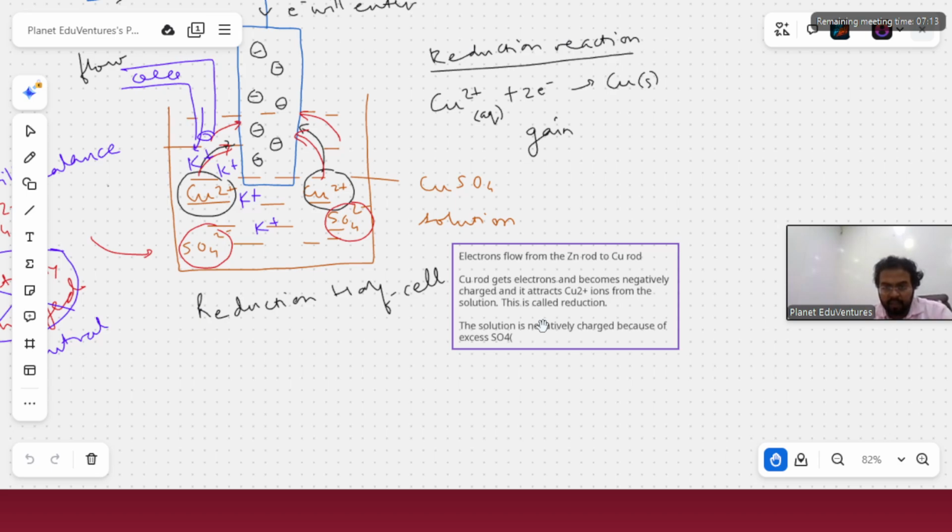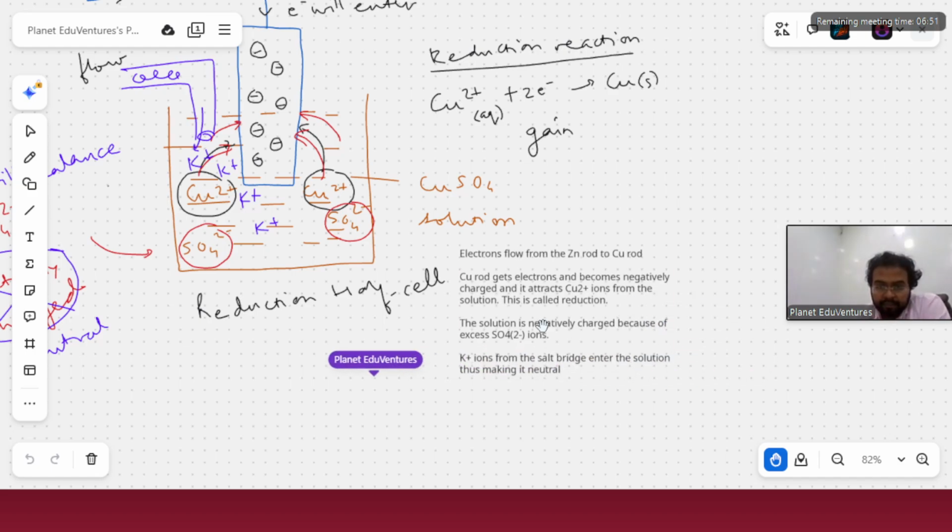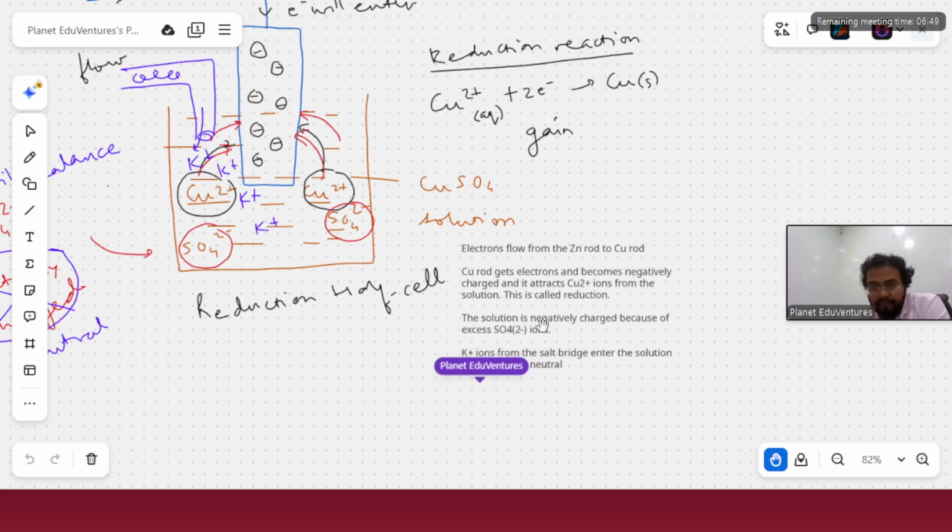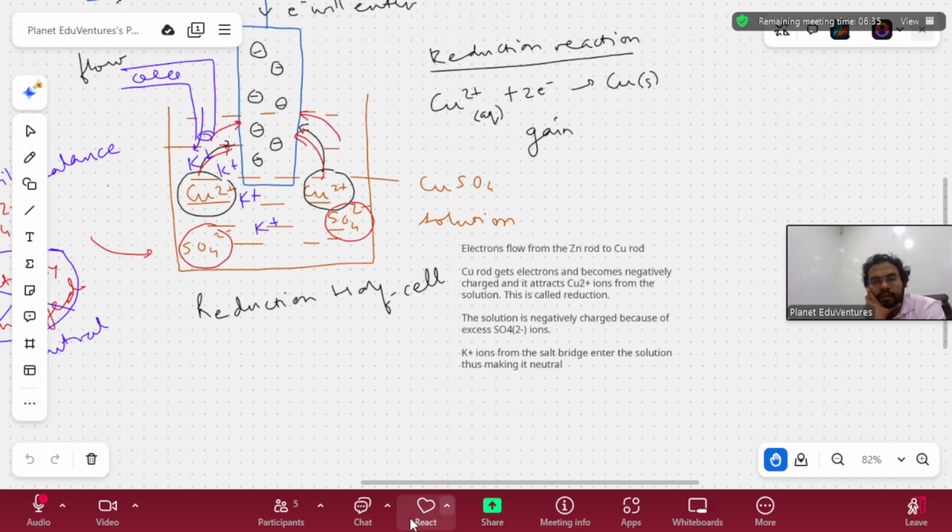So SO4 2- ions are extra in the solution. Okay, so who comes for the rescue? K+ ions from the salt bridge enter the solution, thus making it neutral. Understood? These are the points for reduction half cell. Understood? Oxidation half cell and reduction half cell.